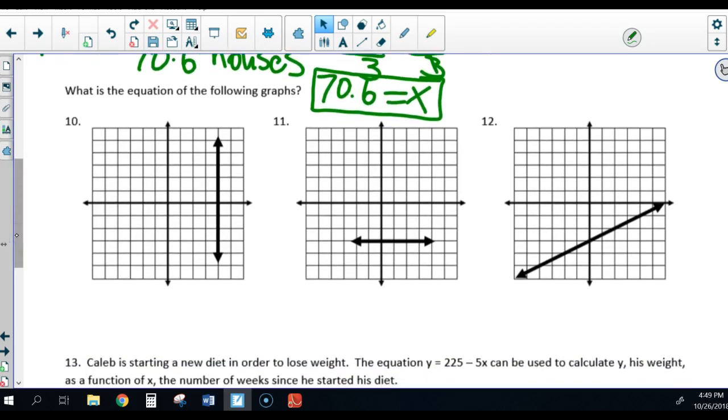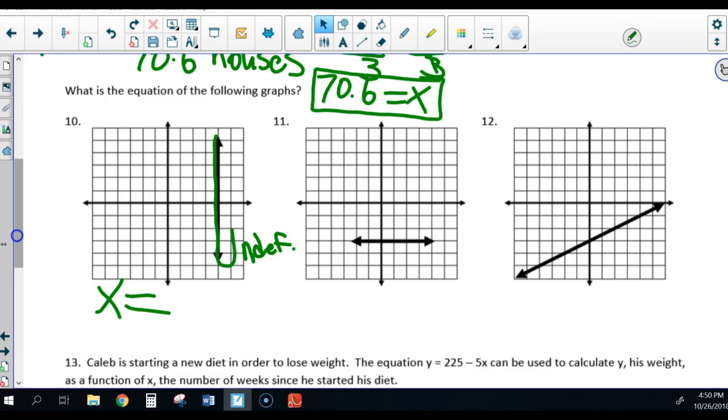Find the equation of the graph. Vertical line. We know a vertical line has what slope? Undefined slope, which has to have the equation x equals something.